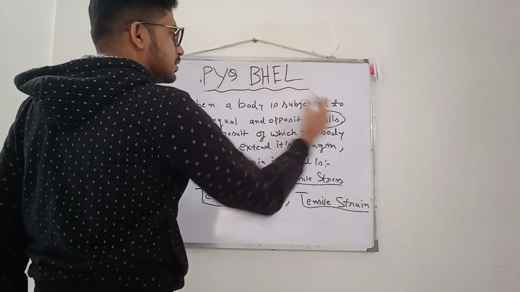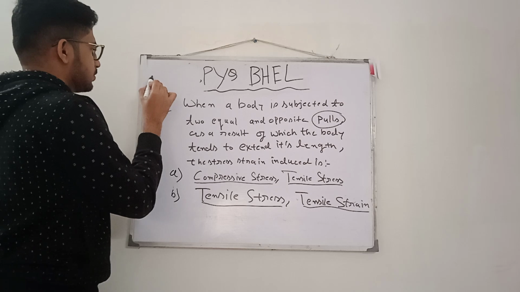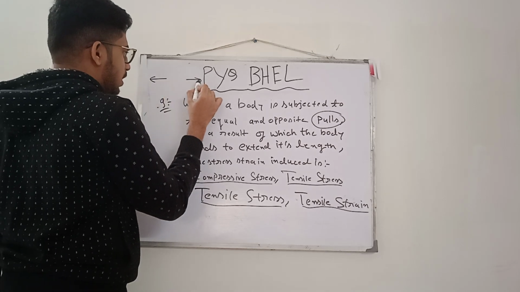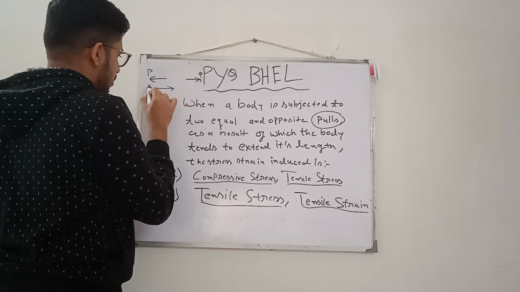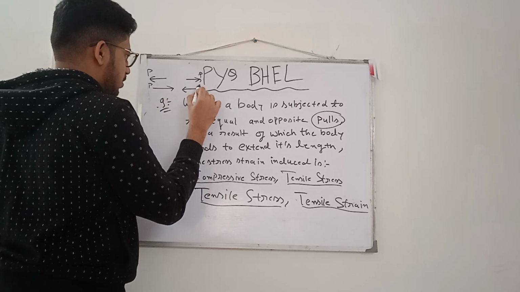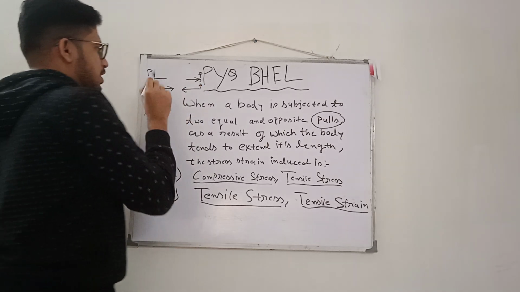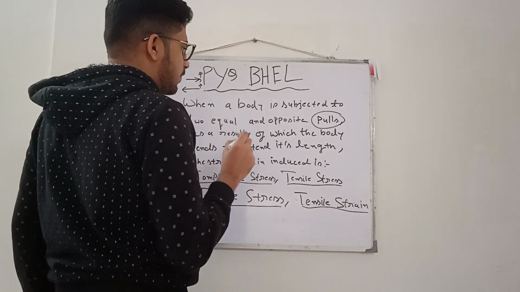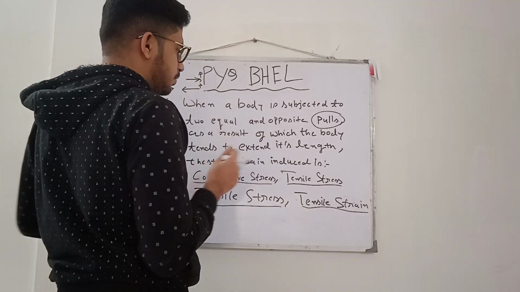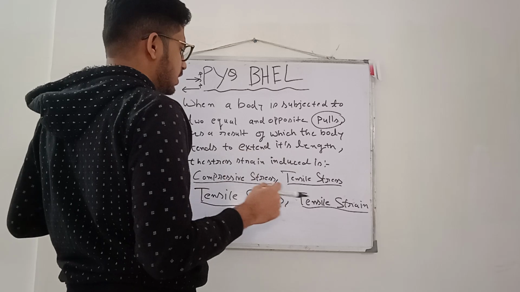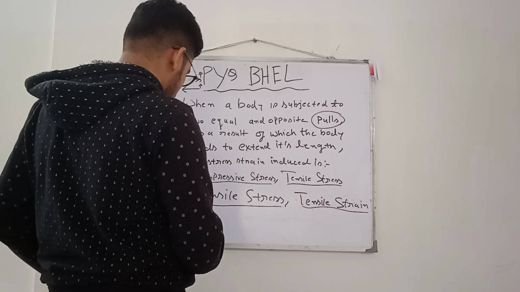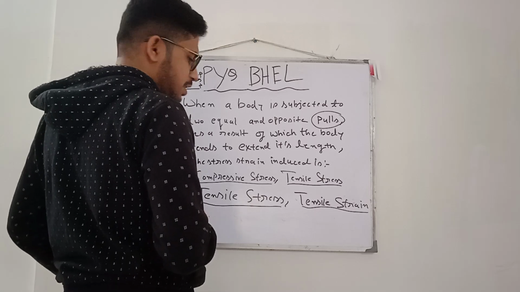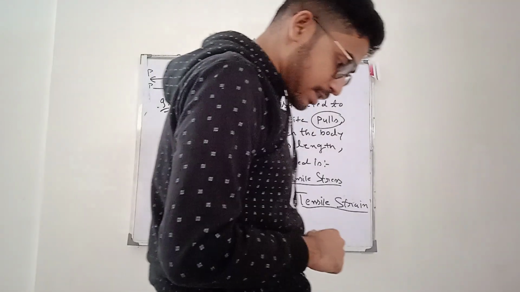Pulls mean this one and this one, P and P. And push means P, P. This is push and this is pull. So if the force is in the pulling direction, that means tensile stress is occurring and tensile strain is occurring. This is the option. Done? Okay. Let's move to the next question.